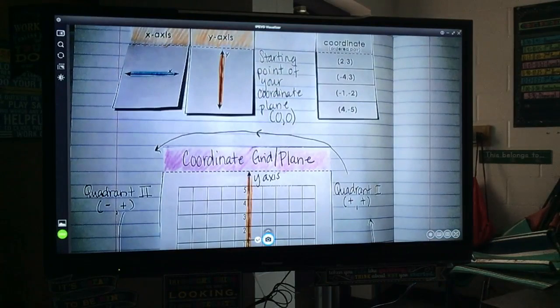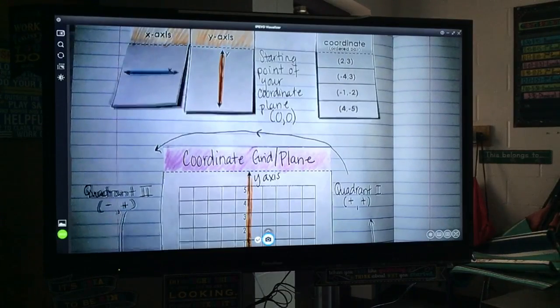So for me, I would pick a color that's going to stand out a little bit. Whatever color you feel like is going to stand out.